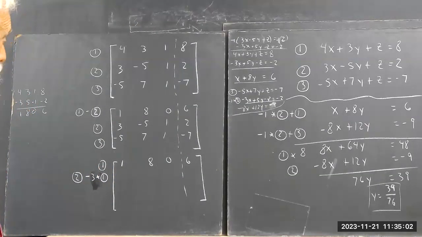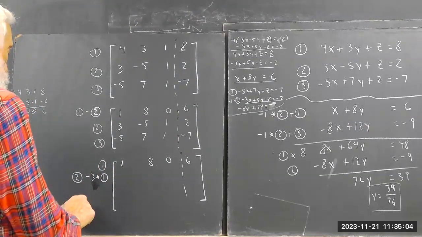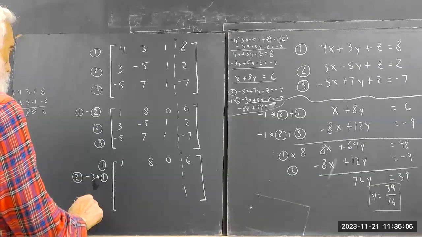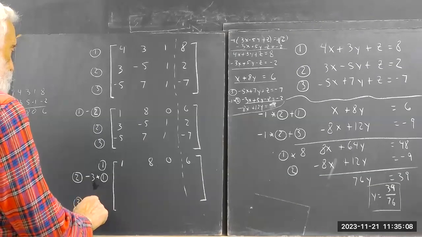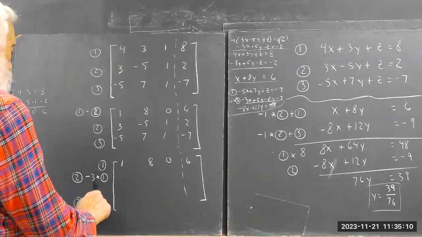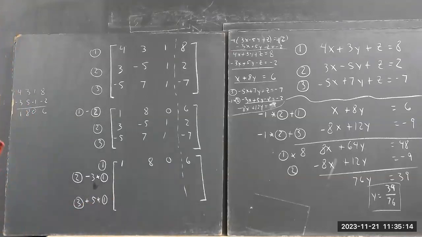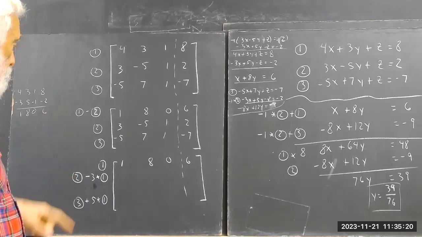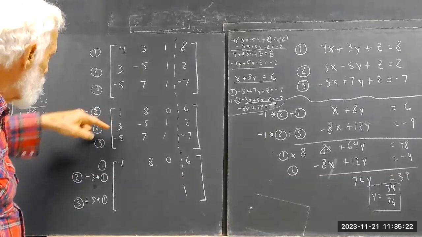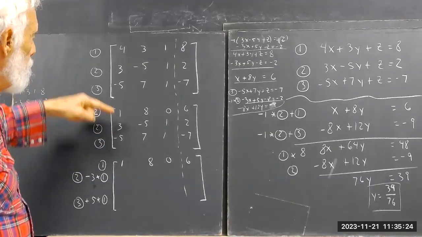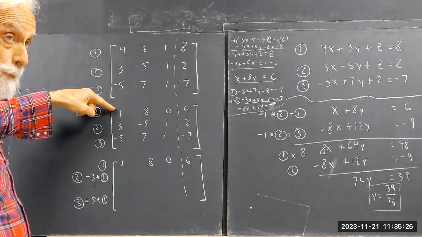And then down here, I'm going to do equation 3 plus 5 times equation 1. Okay. Now I'm just going to do it. I'm going to do this equation 2 minus 3 times equation 1.